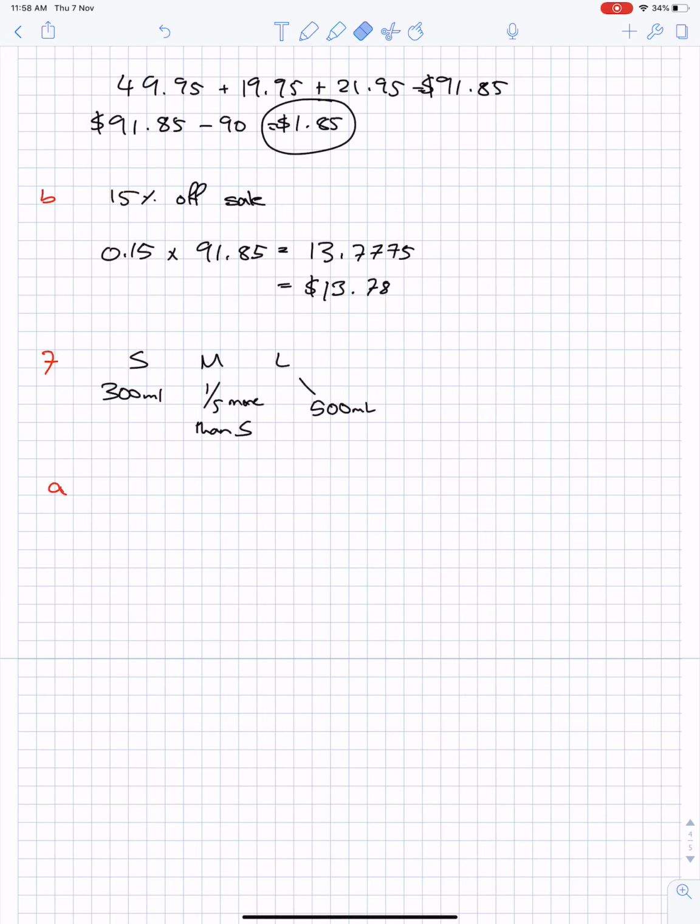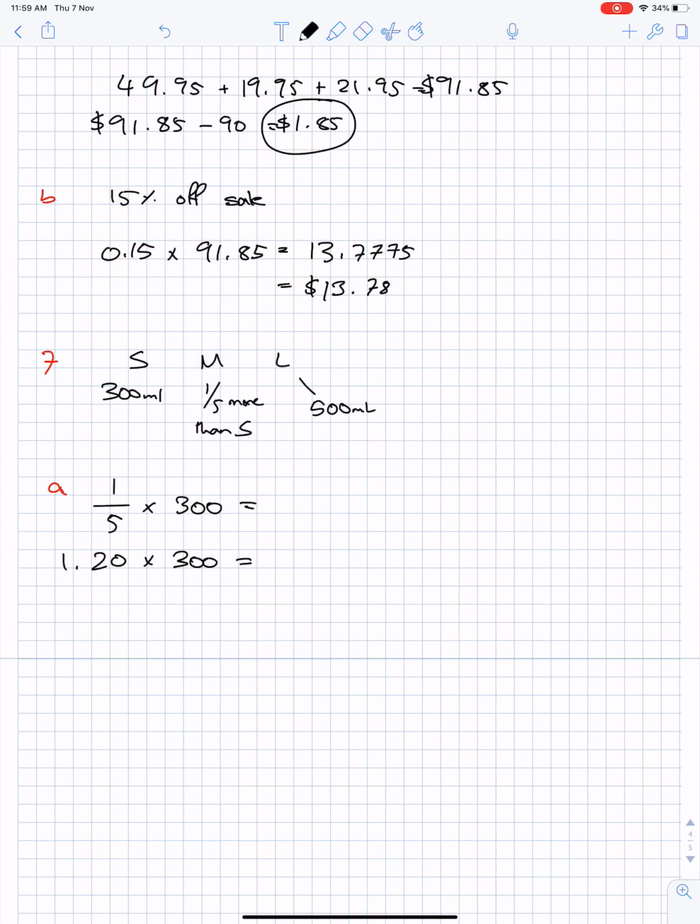So again, if we calculate the percentages, if you go 1/5 on your calculator times 300, or you could do it as 120% or 1.2 times 300, you would get the same answer.